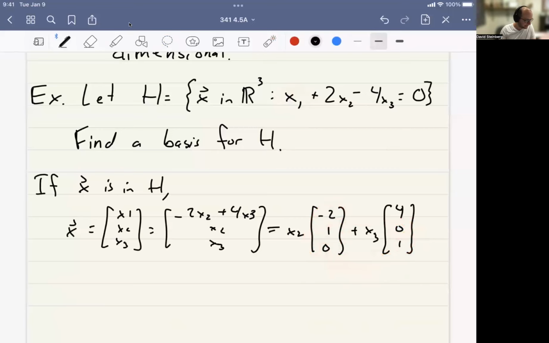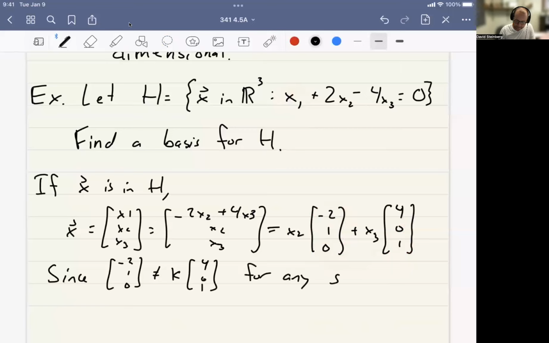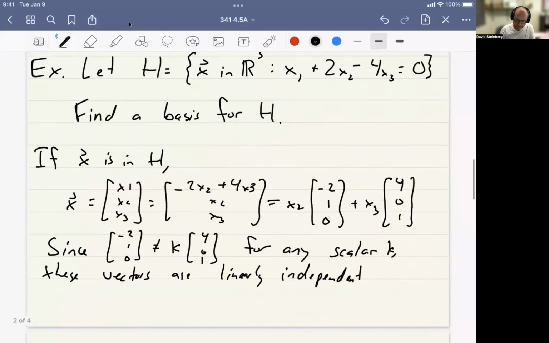So we can see that (-2, 1, 0) is not k times the other one for any scalar k. These vectors are linearly independent. But also, we just showed everything in H is some multiple of the two of them. So it spans.